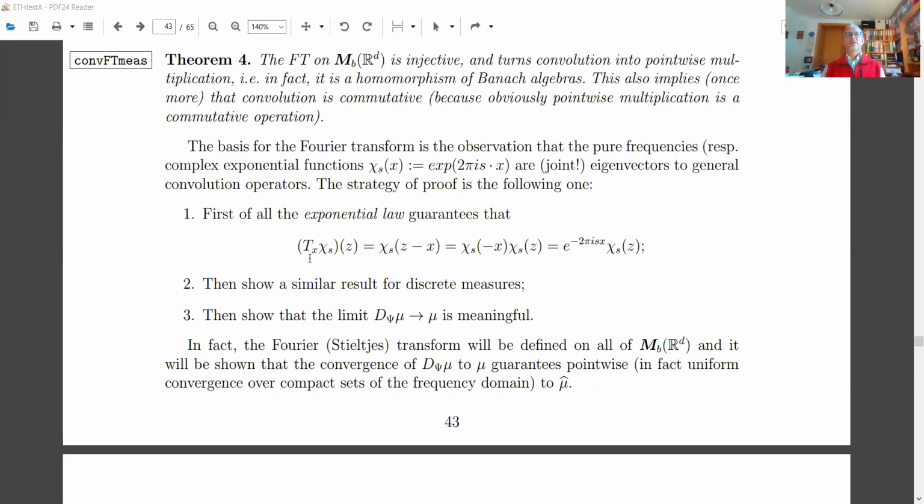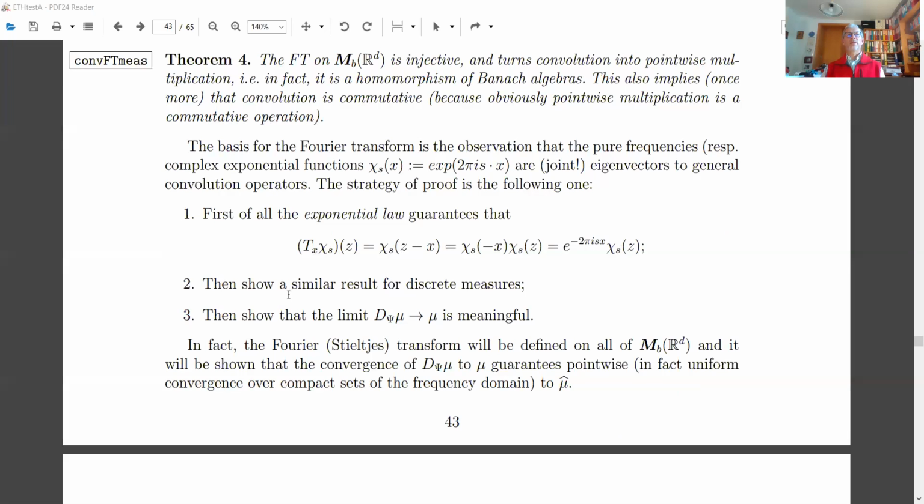This means that for every shift operator, independent of what the x is, there's always a phase factor, a complex number of absolute value 1, which is the eigenvalue for the eigenvector chi-s. So all the pure frequencies are eigenvectors for all the possible shifts.